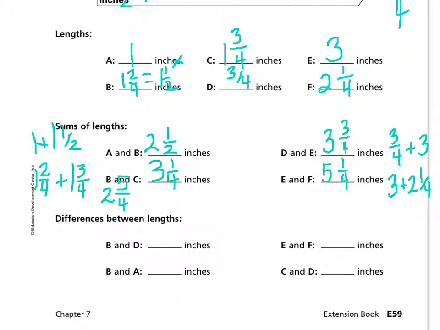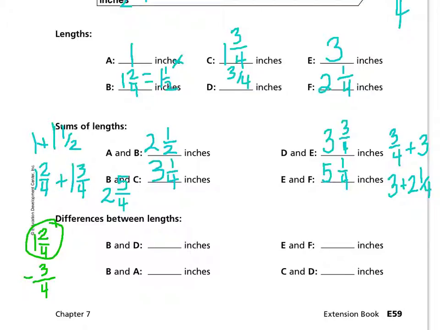Now we're going to find the differences between the lengths. Remember, differences mean you're going to subtract them. So B and D, I have 1 2/4 minus 3/4, which means I need to change this number right here into an improper fraction because my numerator 2 cannot subtract 3.